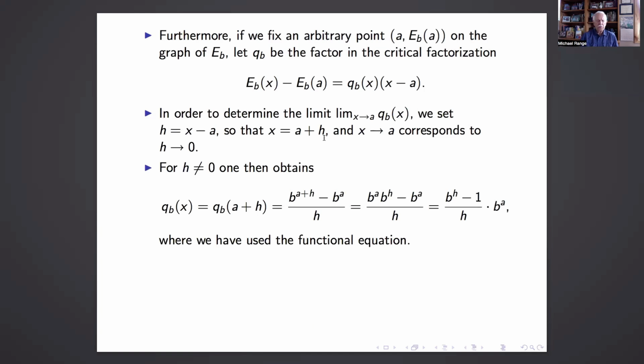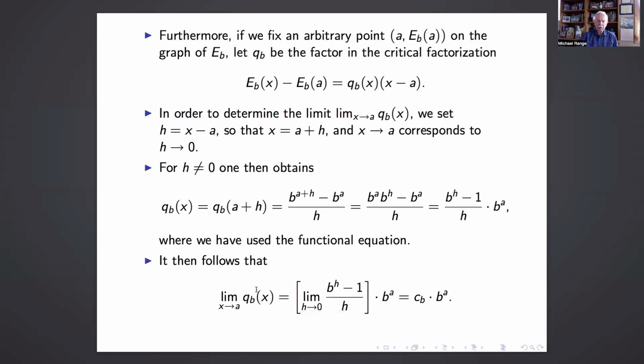As long as h is different from 0, one then obtains that q sub b at a plus h, that is (b to the power a plus h, minus b to the power a) divided by h, where now we use the functional equation here, so we can write this as (b to the a times b to the h, minus b to the power a), and we can factor out this common factor b to the power a, and we're left with (b to the h minus 1) divided by h multiplied with b to the power a.